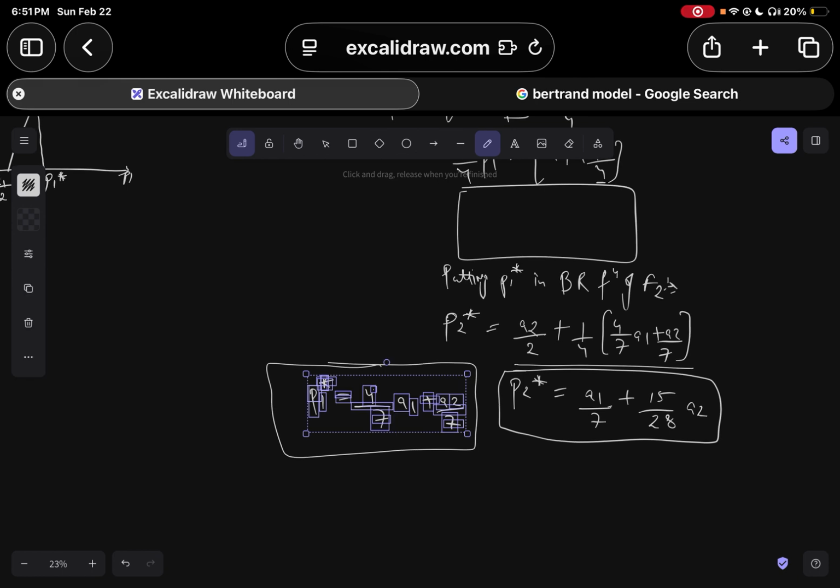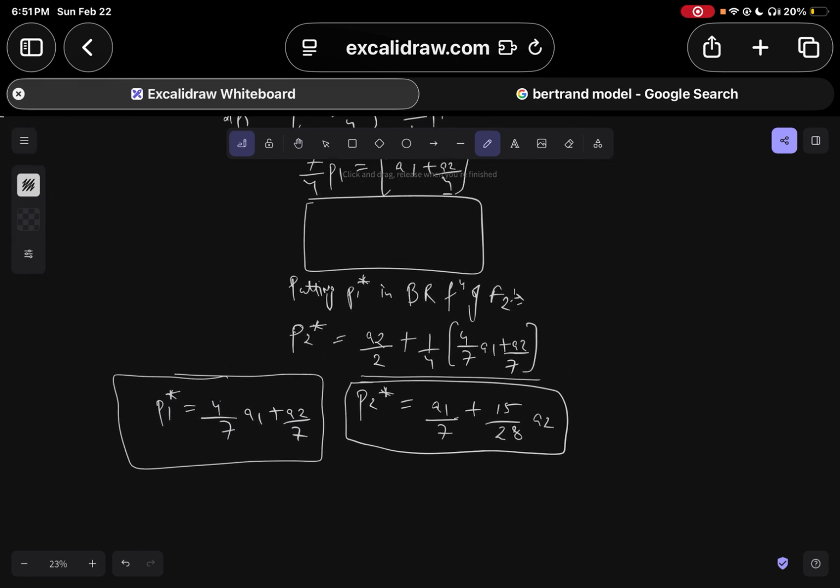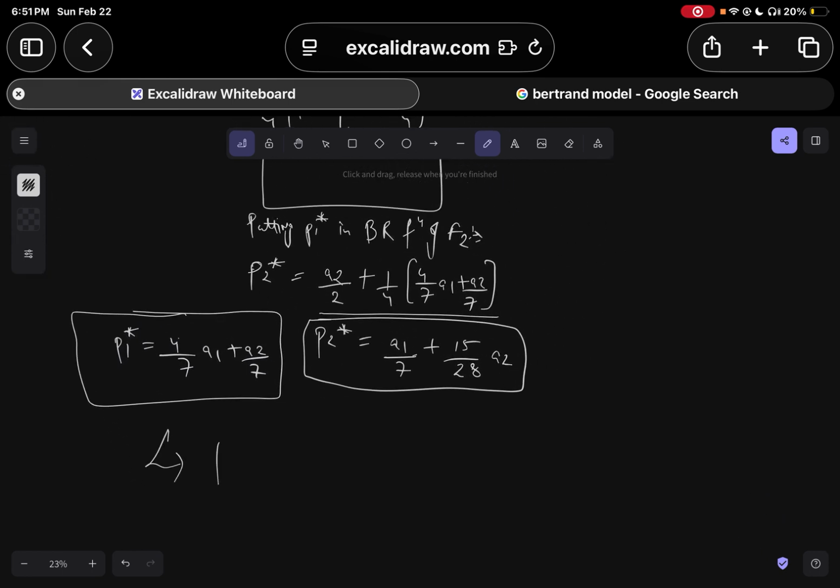The model is also called the puppy dog model. There was the Top Dog model, which was Stackelberg, and Puppy Dog is Bertrand with price leadership.